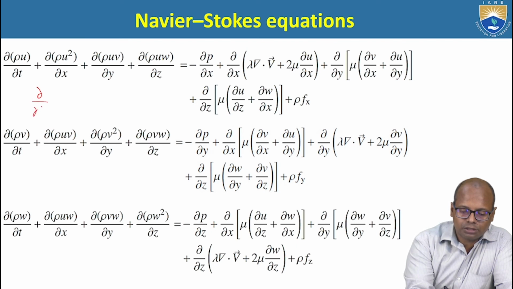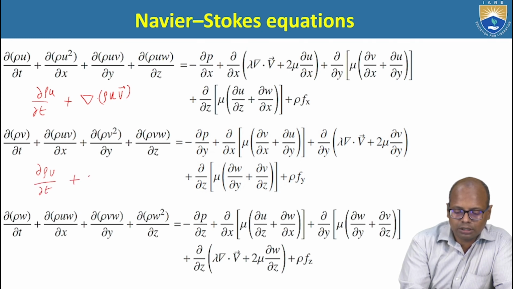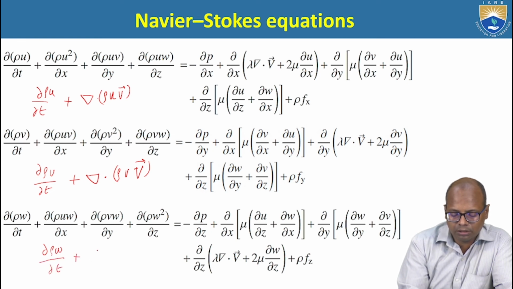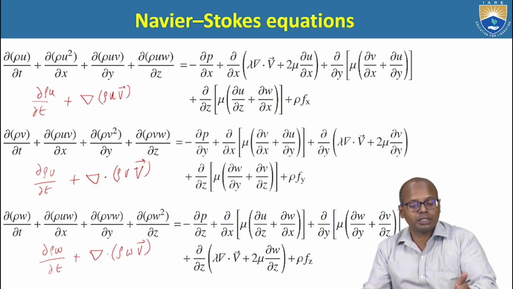This can be written as del rho u by dou t plus del dot rho u v bar, and here del rho v by dou t plus del dot rho v v bar, and this one is del dot rho w v bar. So this is what we have written in the previous slide. If I expand this, I will get this one.